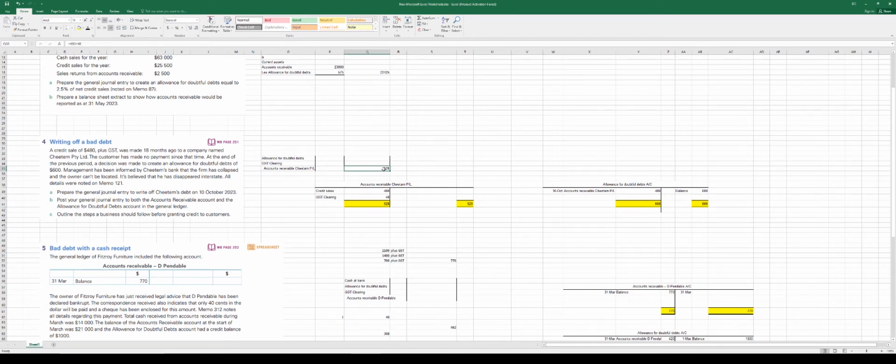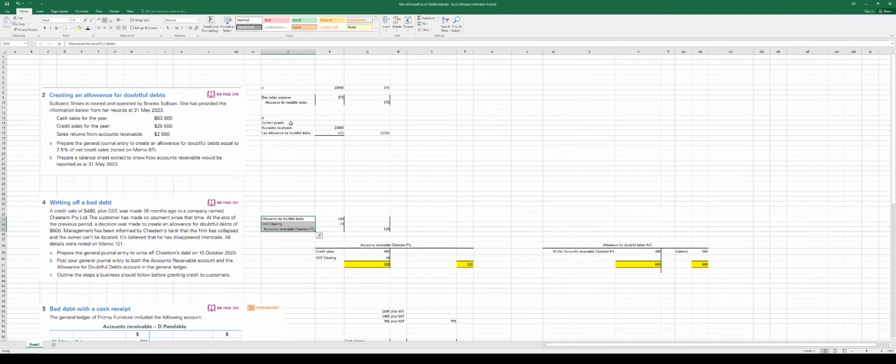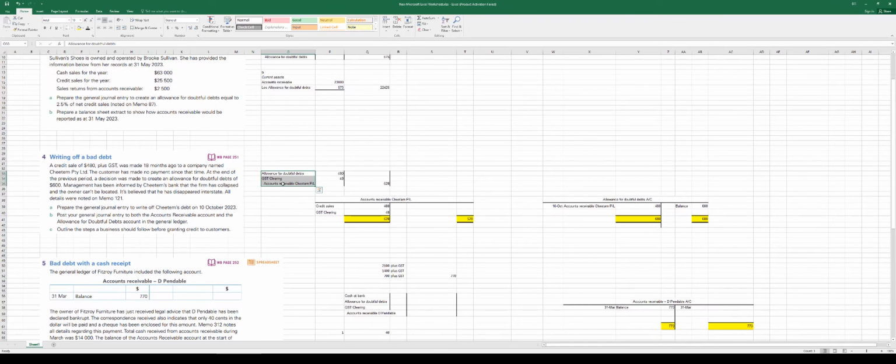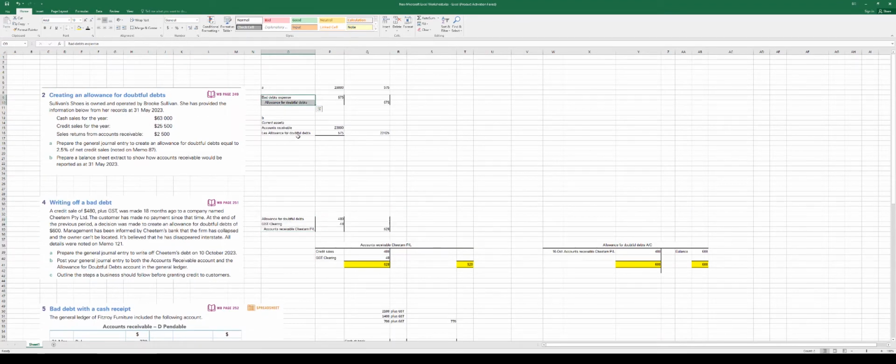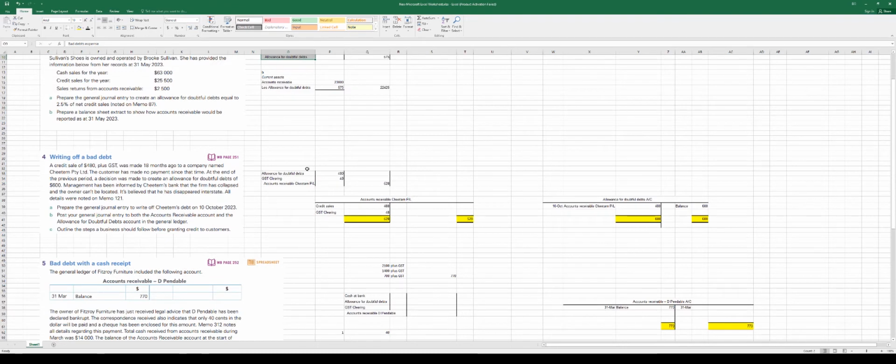This is 100% of the credit sales plus the GST that has become bad debt. Now we put 48 into GST, and then we'd have the 480 for allowance for doubtful debts. Okay, so you just have to memorize the entries for recording actual bad debts and recording allowance for doubtful debts.